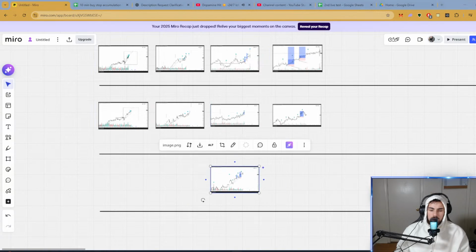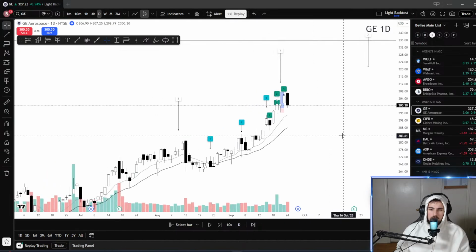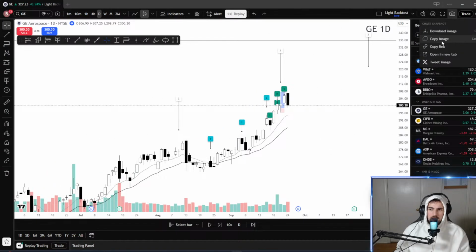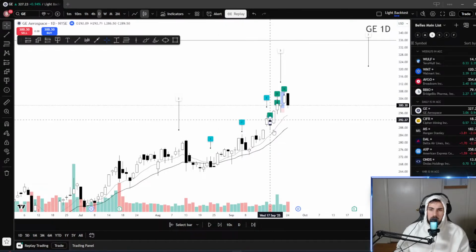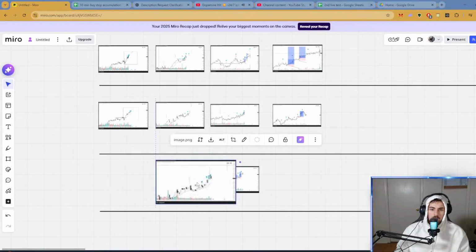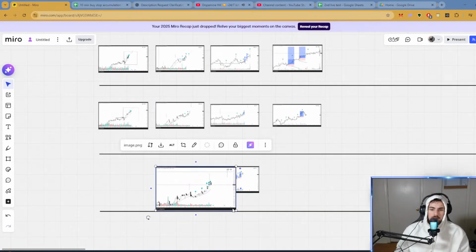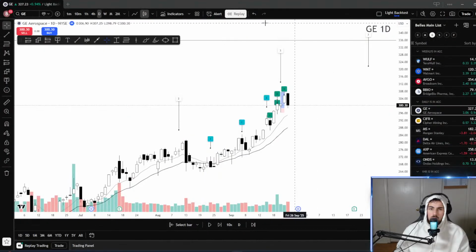The 1 hour. This was the daily leg. The 1 hour was traded in. So the second high that was going to be ran after the accumulation was right here. So we're going to copy that. Put that in. Get the weekly.